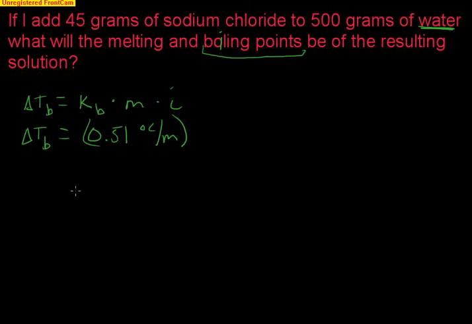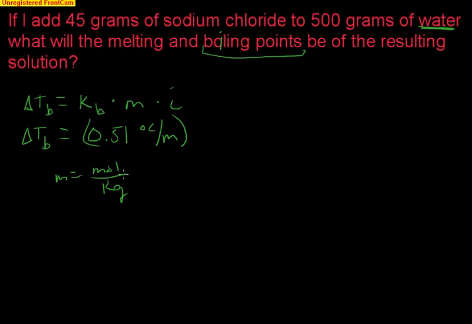The next thing that we have to figure out is the molality. If you'll recall, molality was equal to moles of solute divided by kilograms of solvent. Up here we've got 45 grams of sodium chloride, and we can get moles out of grams by using the molar mass. I won't write that work out, I just hope that by this point you can go from 45 grams into moles.